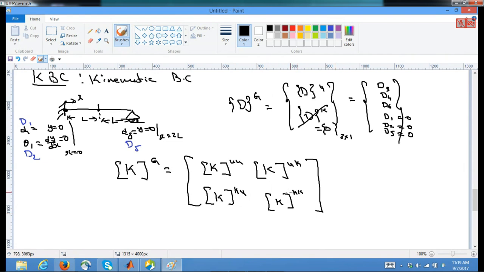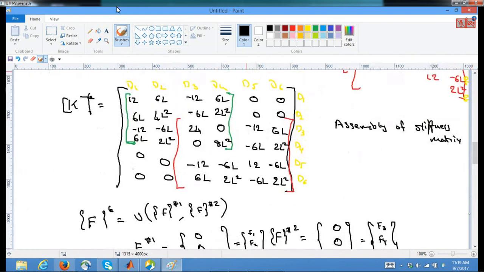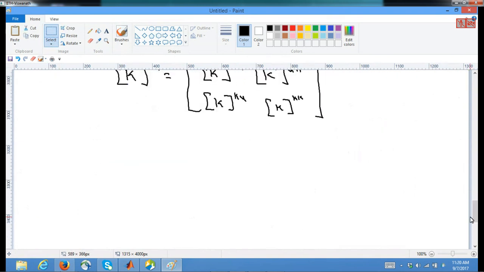How would you determine this? You want the contribution with respect to D3, D4 and D6 only, right? So I take this big global matrix and strike off whichever is known to me.